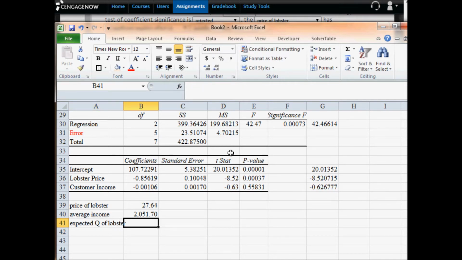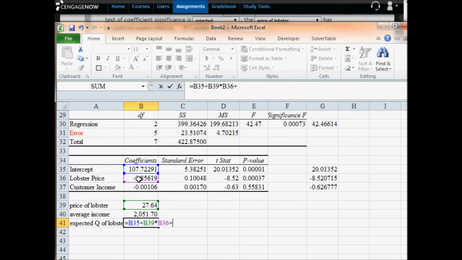Now the way you do this is I'm going to hit equal, I'm going to go up to the intercept, and then I'm going to hit plus. Then I'm going to go arrow up to the price of lobster, and I'm going to hit times. I'm going to multiply that price of lobster, the thing in the green box, by the lobster price coefficient.